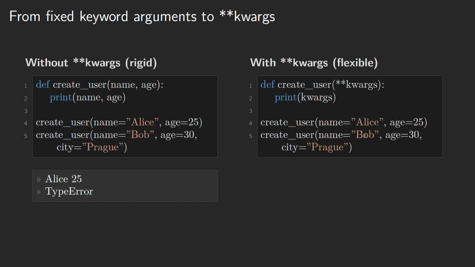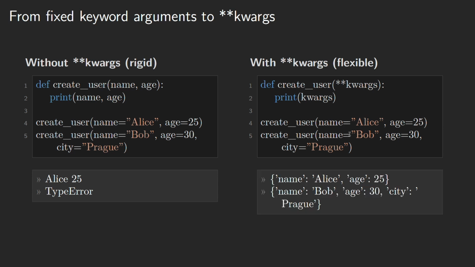What this does is take all the keyword arguments and create a dictionary, which is then passed to the function. When we print the keyword arguments, it returns a dictionary with two keys, name and age, and two values in the first case, and 3 items in the second case.